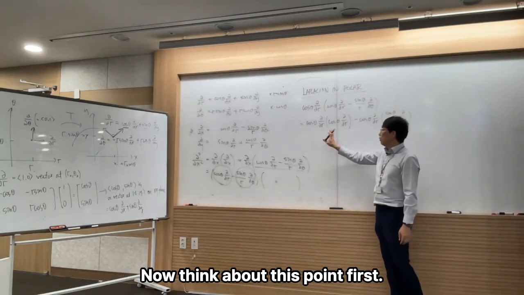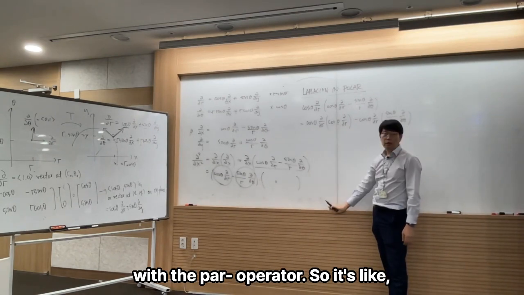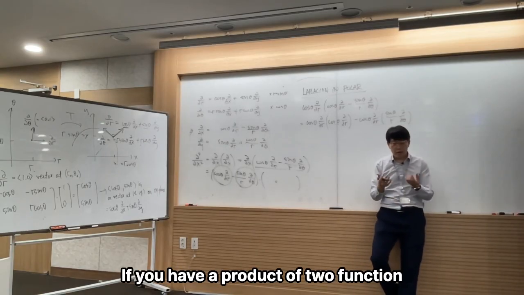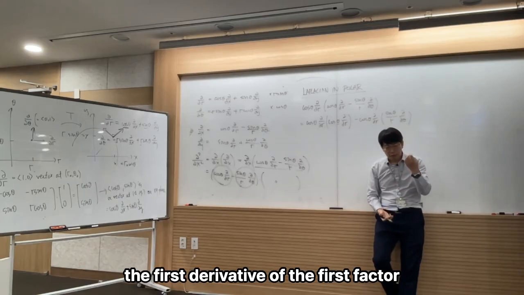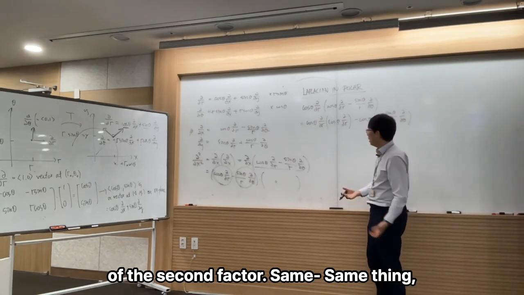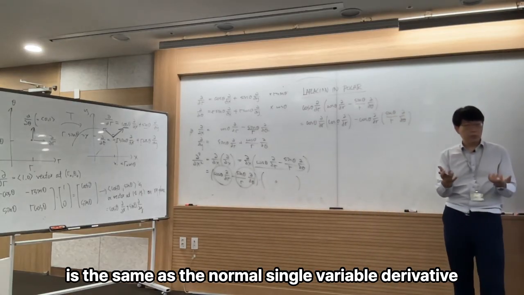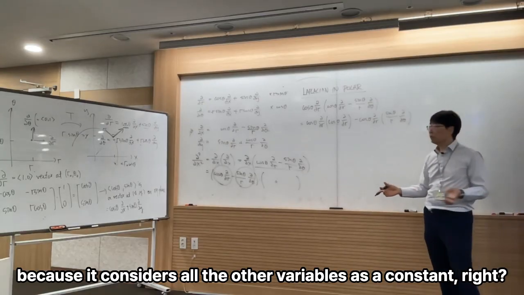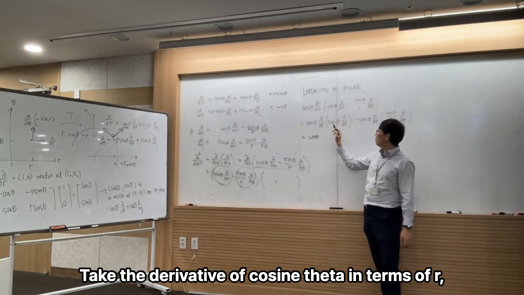Now think about this one first. I have some function multiplied with the operator, so it's like a product rule. If you have a product of two functions and you want to take a derivative, you take the derivative of the first factor and then add the derivative of the second factor. Same thing, because the partial derivative in principle is the same as the normal single variable derivative, since it considers all the other variables as constants. So take the derivative of cosine θ in terms of r.